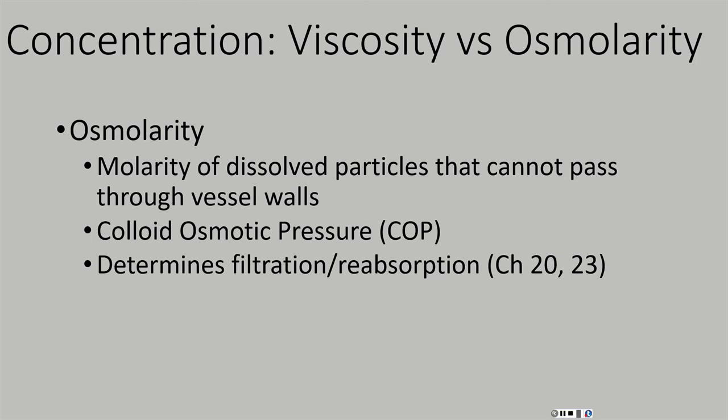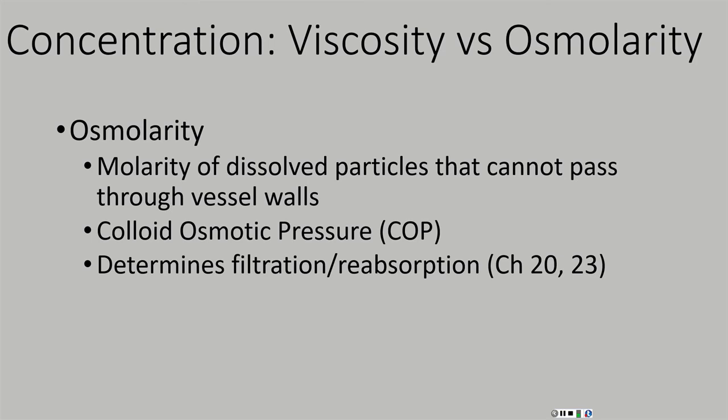But that liquid is also trying to press its way out because of hydrostatic pressure. Hydrostatic pressure is the pressure of a liquid trying to press against the walls of its container, in this case blood vessels. And as that liquid tries to press its way through, the colloid osmotic pressure, the osmolarity, is pulling that liquid back in.